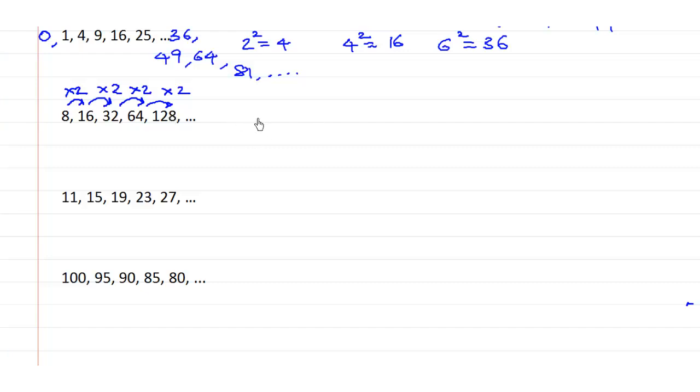So we can say that the second number, T2, meaning the second term, is 2 times the first term. It is 2 times the first number.